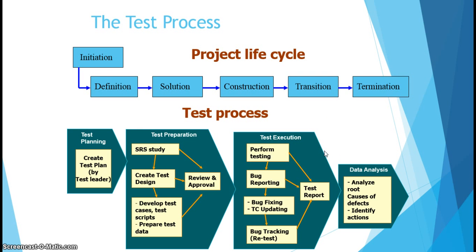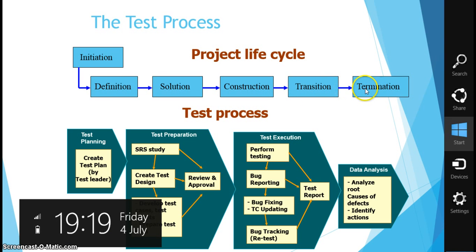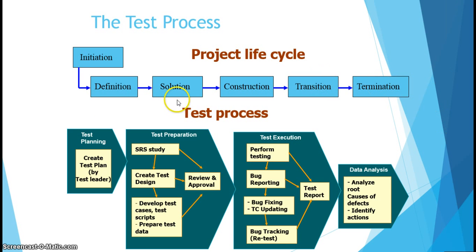Now let's look at the testing process. The project life cycle, which you can see here, is initiation, definition, solution, construction, transition, termination. The test process is test planning, test preparation, test execution, and analysis. So in the test planning stage, you create a test plan.